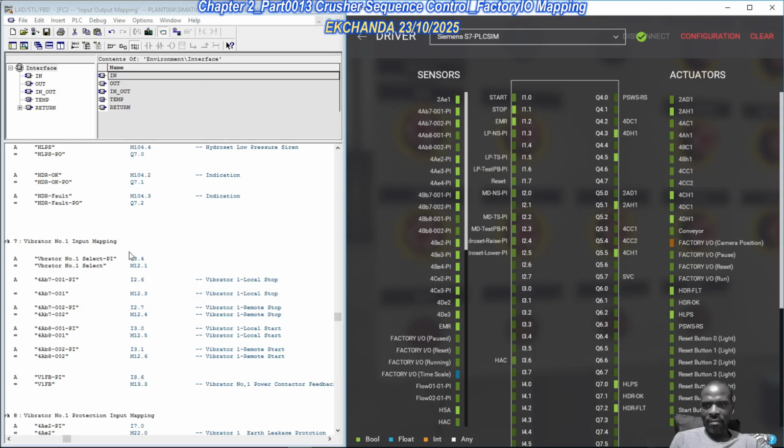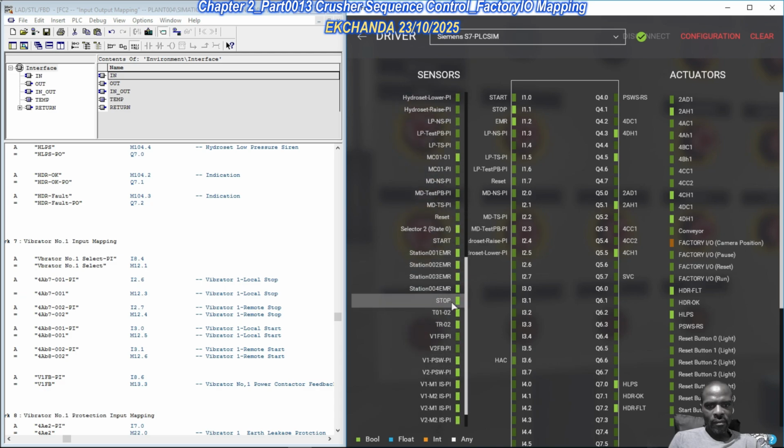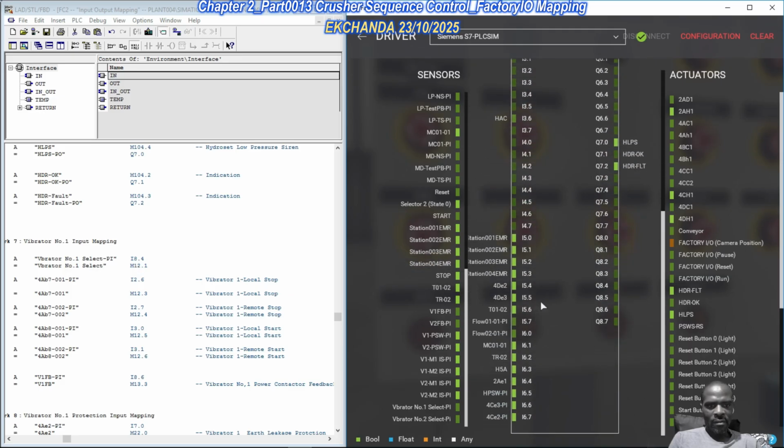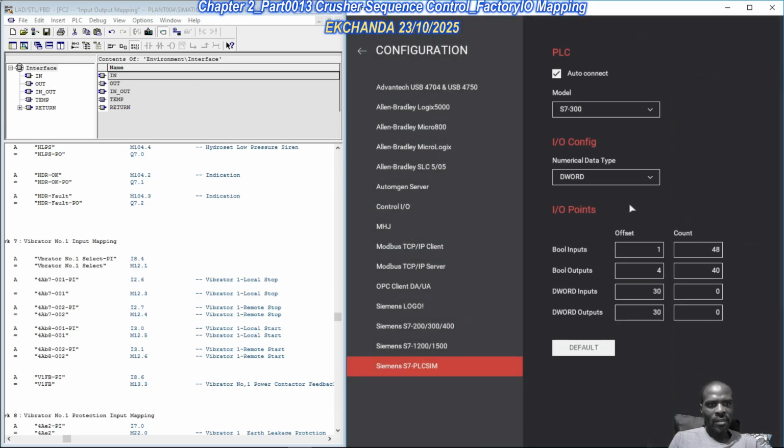Okay, we move on to vibrator number 1. So vibrator 1 select should be mapped to input 8.4. Apparently, we need to increase the number of inputs. I have to go to Boolean inputs.